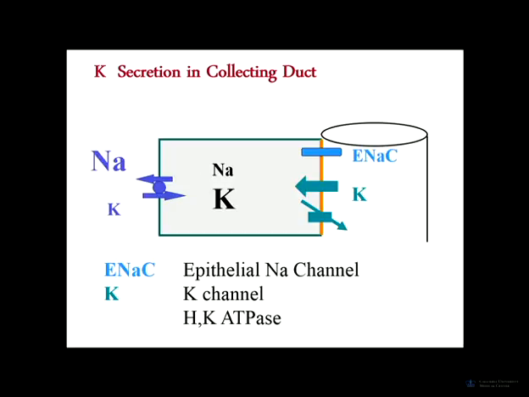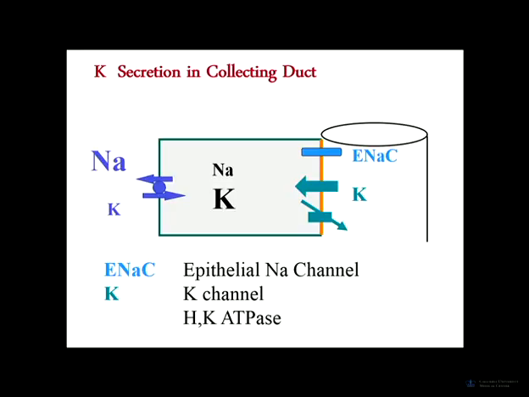All right, so how does it do that? Let's talk about the collecting duct, because that's where we really should spend a lot of time on how these things work. You remember that the collecting duct has two kinds of cells: intercalated cells, which are responsible for acid-base balance, and the principal cells, which reabsorb sodium. There is the sodium channel ENaC, and then the sodium goes in and comes out by the sodium-potassium ATPase, but there is also a potassium channel, which is called ROMK, which we will talk about later.